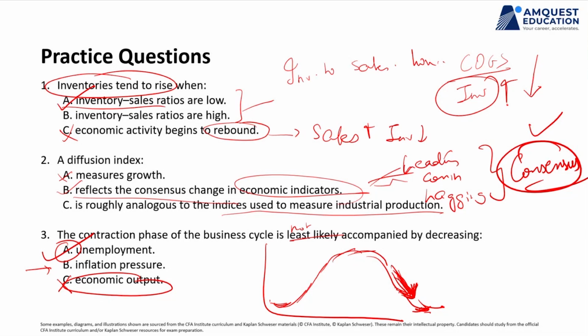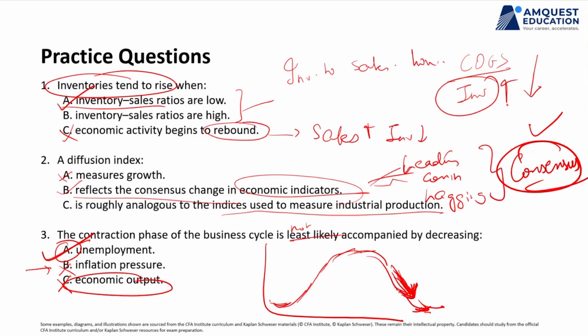So prices के साथ inflation pressure also will reduce. So there is a decreasing inflation, there is a decreasing output, but there is an increasing unemployment. Are we clear? Okay. So contraction phase में there is increasing unemployment, decreasing inflation, and decreasing output.